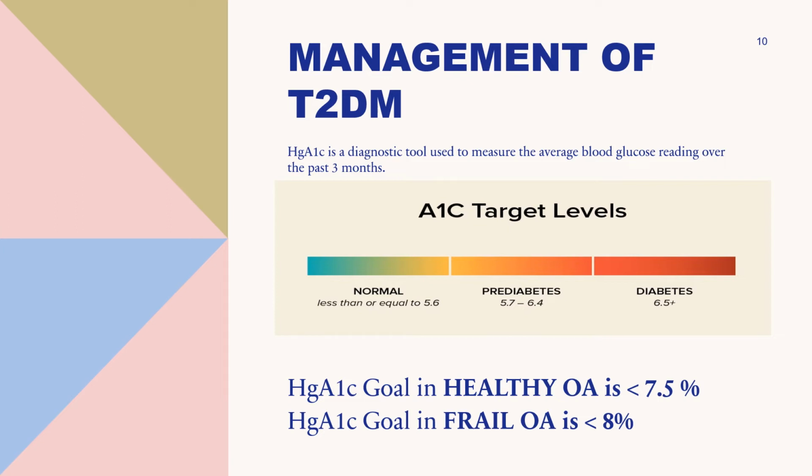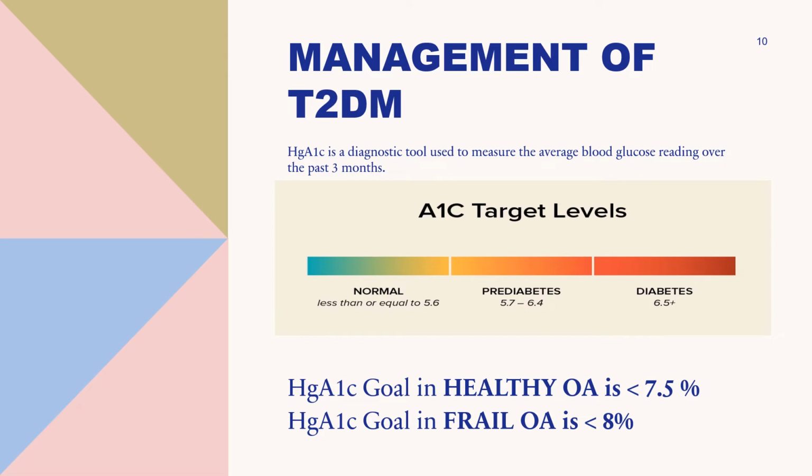As you can see, normal is less than or equal to 5.6. The pre-diabetic range is 5.7 to 6.4. Those are good numbers to commit to memory for your nursing boards.